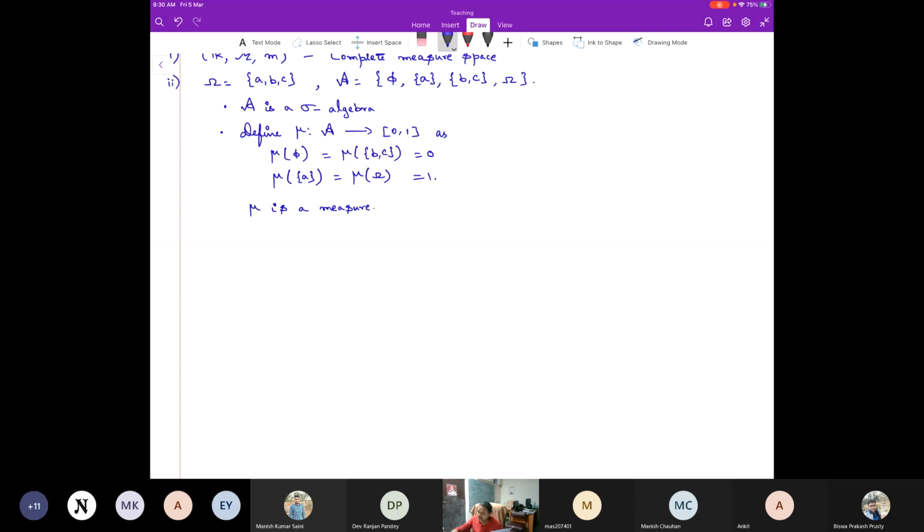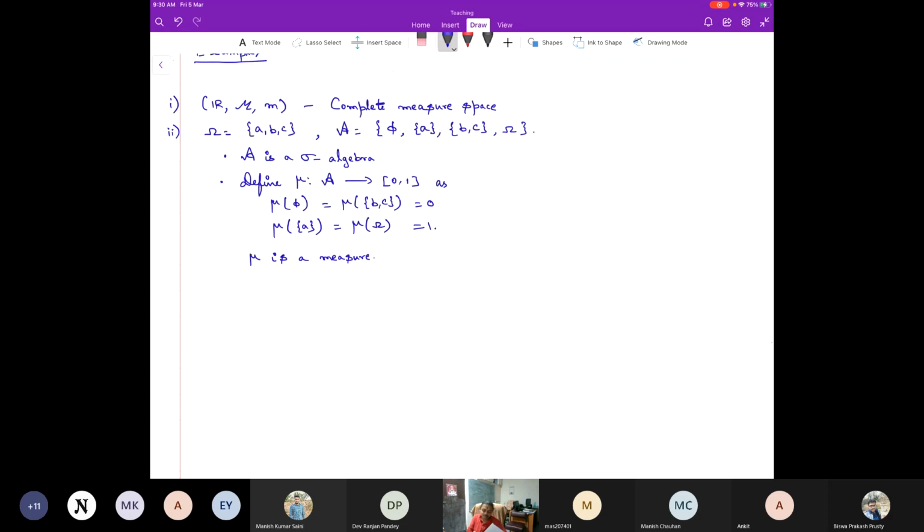So is mu complete? No, sir. Why? Because the measure of the subset {b, c} is 0, but its subsets, the singletons {b} and {c}, are not there. Exactly.